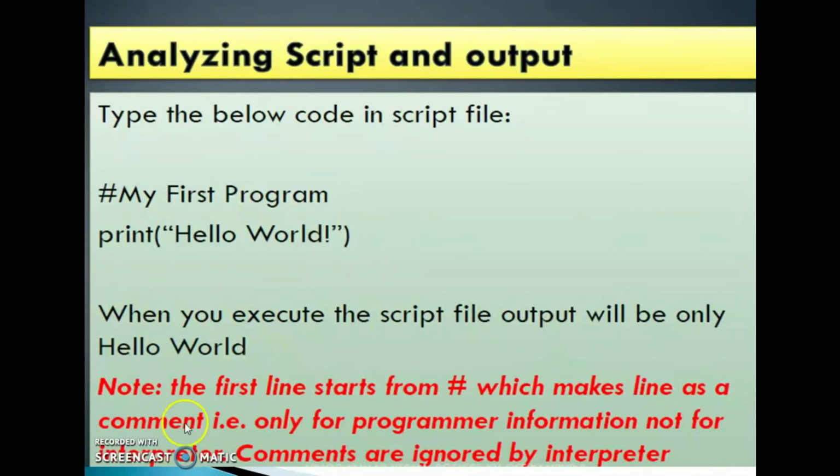Why? The first line starts with a hash, which makes the line a comment. A statement starting with a hash symbol is a comment line. That is only for programmer information, not for the interpreter.